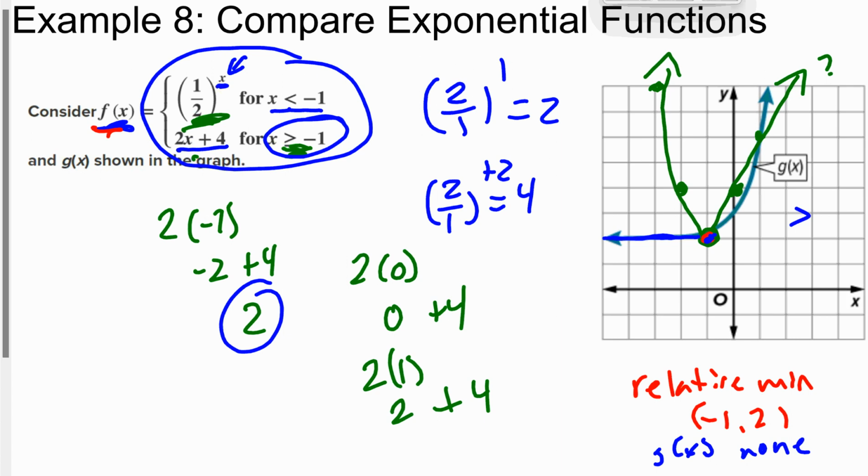End behavior, as I go, these are both the green one, f of x. Our end behavior, as I go this way, it goes up, and as I go this way, it goes up. Where end behavior for the blue one, as I go this way, it goes up, but as I go this way, it approaches, gets close to 2 here.